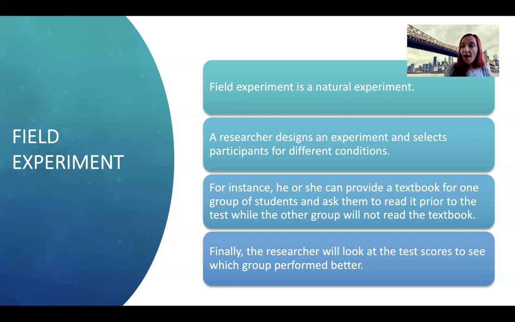And then after he collects data from both groups of students, the researcher could inspect it and see based on the test scores which group performed better. So was it the group that used the textbook prior to the test, or was it the group that didn't use the textbook? So they will basically determine whether the group that used the textbook scored better or not.